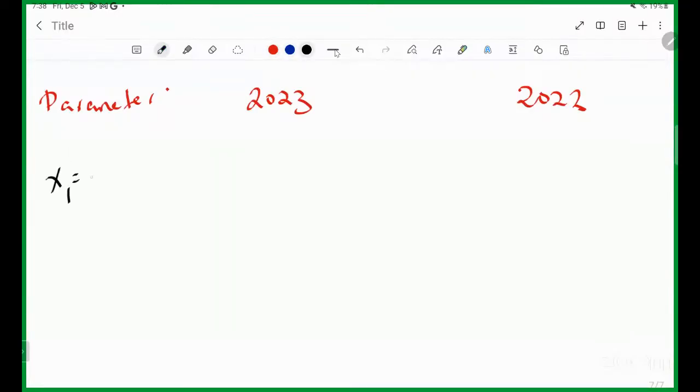X1. Of course, we have working capital over total assets. Read for me here the figures. Working capital is current assets minus current liabilities. Read me the figures under current assets up here.